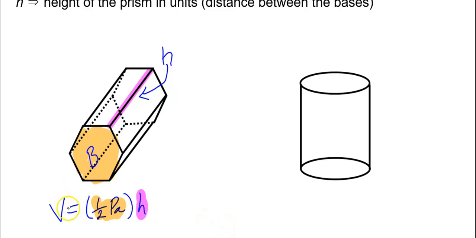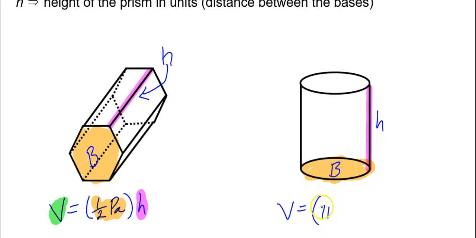And volume would be the amount of space on the inside of the shape. They're all prisms. Inside this cylinder, I would say here's the base. There's big B. There's h. So to find volume, the base is a circle.